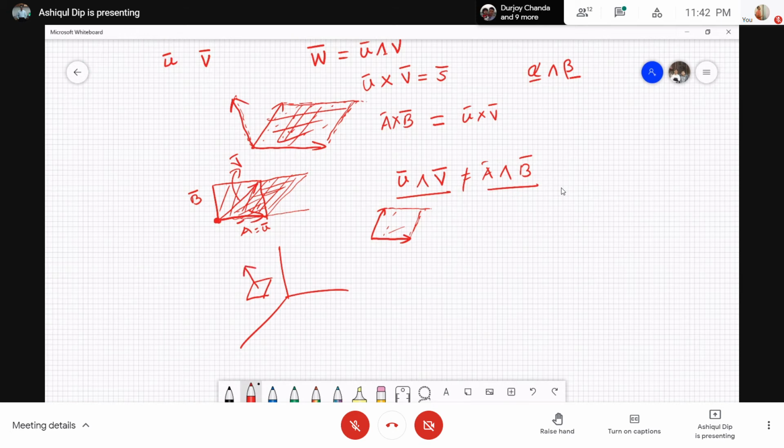The only other possibility is the other direction, right? So assigning direction is kind of unique in three dimensions for area. What about four dimensions? What about five dimensions?